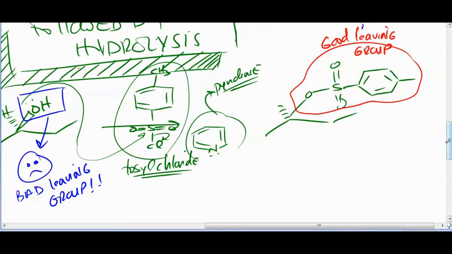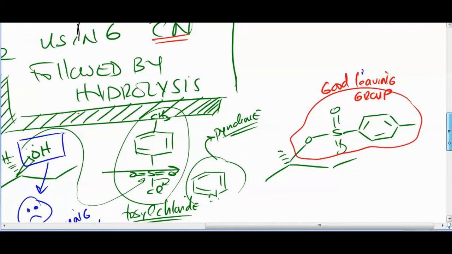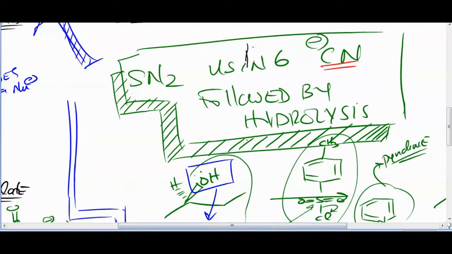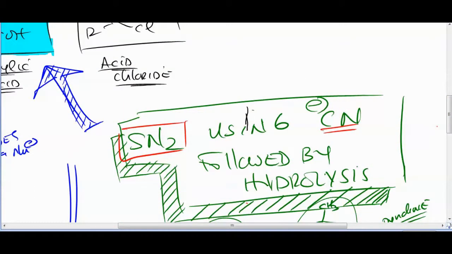And what are we doing the SN2 reaction with? Cyanide. That's right. And whenever we do an SN2, we get an inversion of stereochemistry. You guys remember this? Well, actually, it's not an inversion of stereochemistry. It's an inversion of the geometry, or an inversion of the configuration, which can lead to an inversion of stereochemistry.